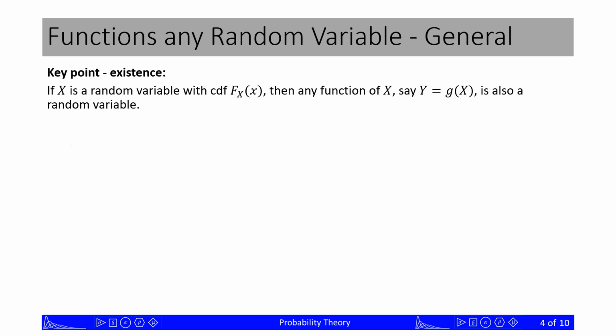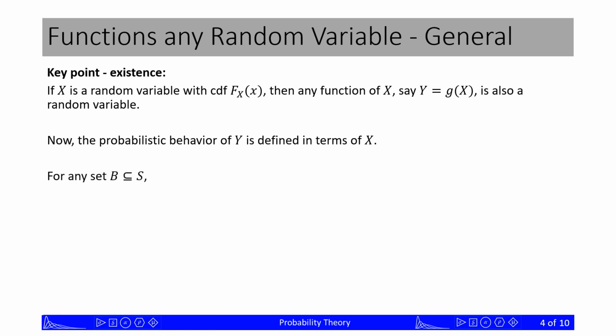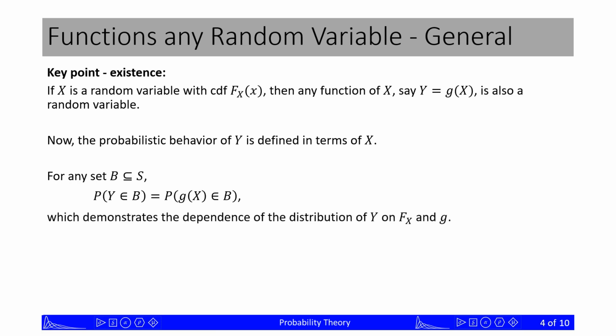If we apply a function g to the random variable X and create a new random variable Y, then the probabilities associated with the values or outcomes of Y depend on the original probabilities of X. For any subset B in the sample space S of the experiment, the probability that Y is in B is the same as the probability that g(X) is in B. We simply replace Y with g(X), which are equal to each other.